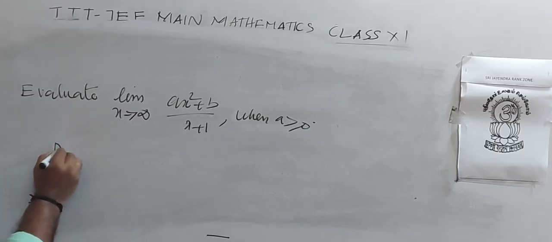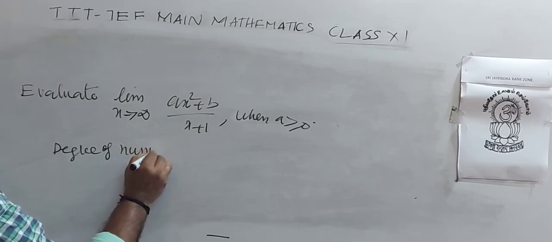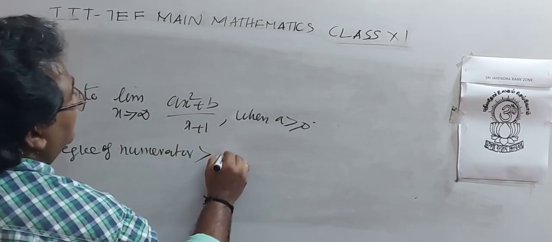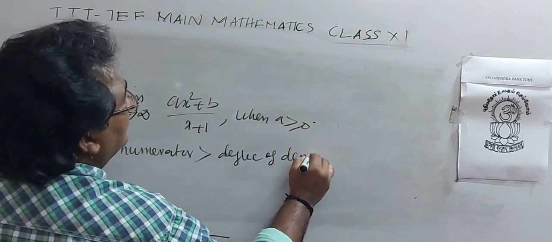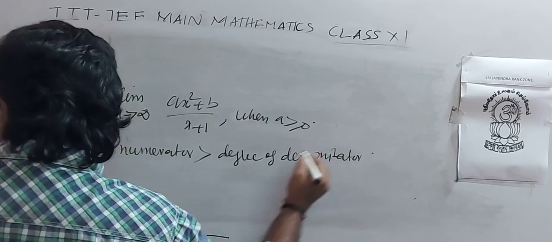So the degree of the numerator is greater than the degree of the denominator.